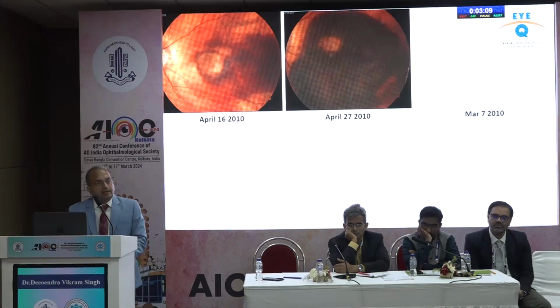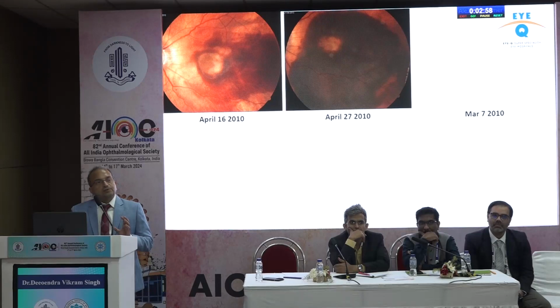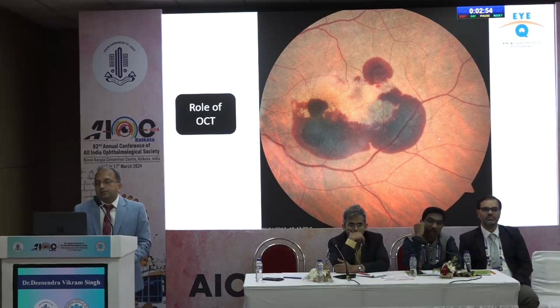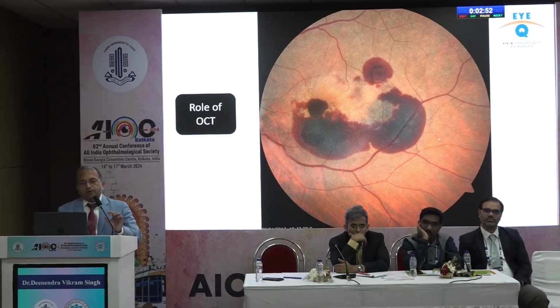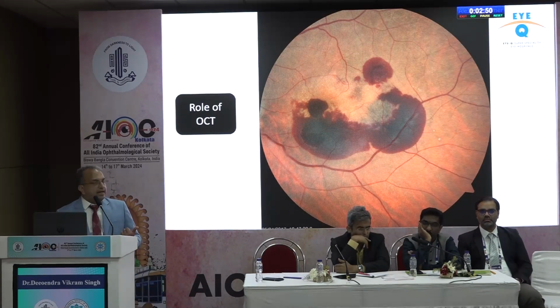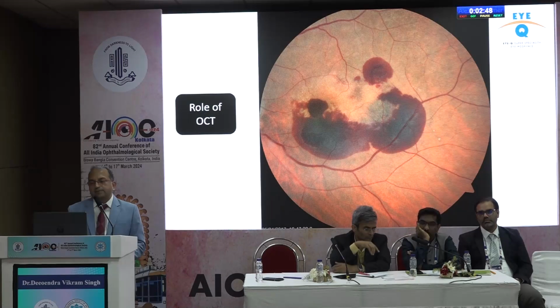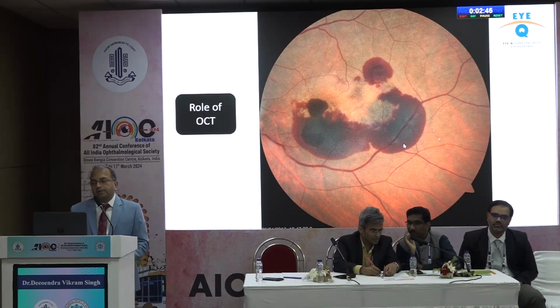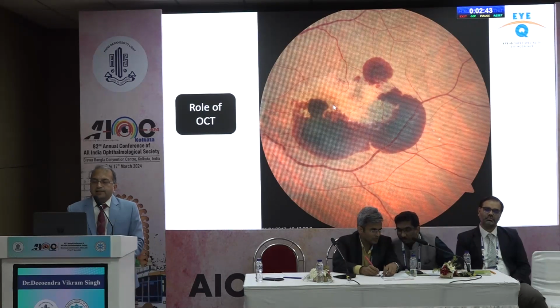And then he had a third massive episode. At this point of time, I asked him for surgery, and somehow I think he was lost to follow-up. But the point is that even recurrent bleeds shift nicely with just gas without any TPA. Now, I wanted to share another case exactly to highlight the same point Dr. Avnish was pointing out, that sometimes you feel it's a very small amount of hemorrhage lying at the macula.